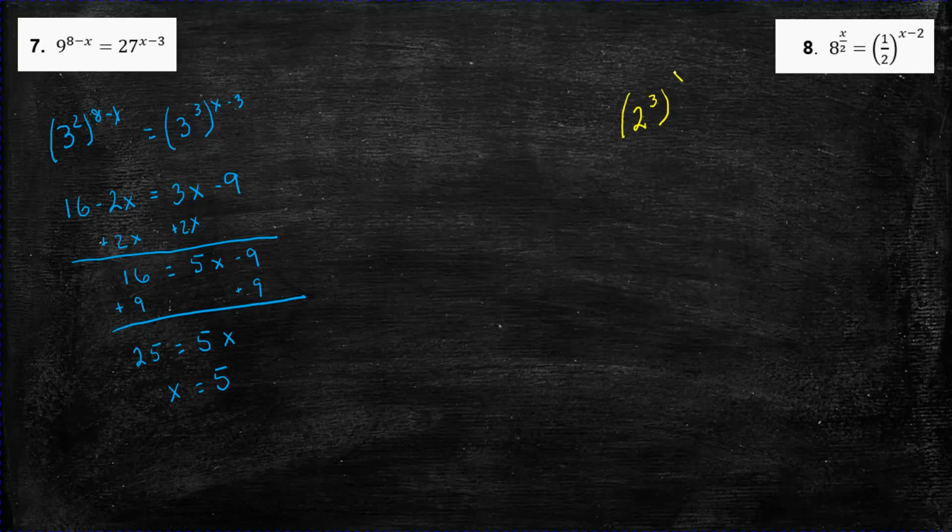And this is x over 2. And then that's going to equal 1/2, or 2 to the negative 1, times x minus 2. So let's just go ahead and do the exponents, set those equal to each other now. So I have 3x over 2 equals negative x plus 2.